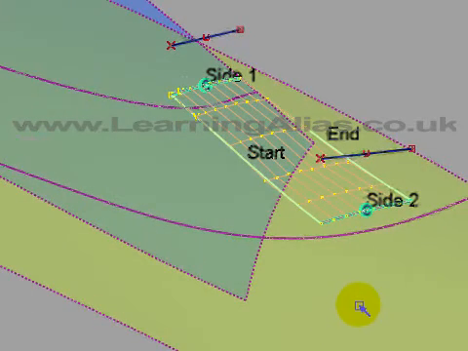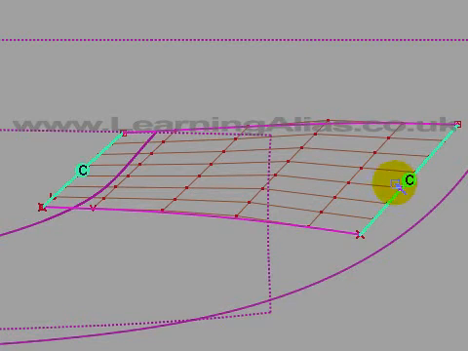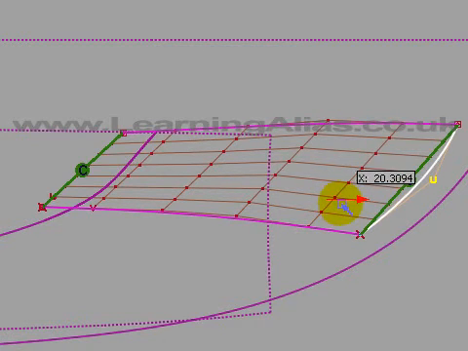Okay, we're going to go into F5. Now we can use the move CV tool to manipulate the curves. So I'm going to turn off the locators, we don't need those, and we know that this curve is going to need a bit of curvature in it.